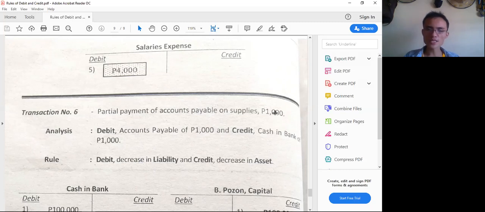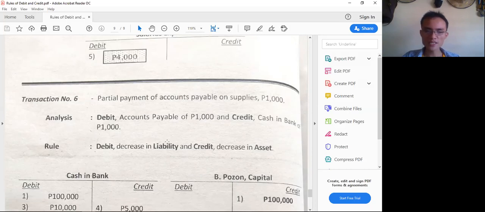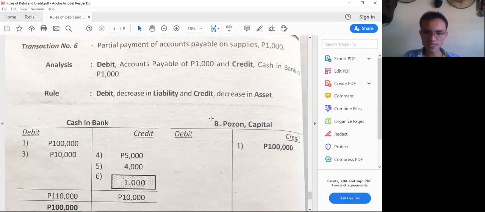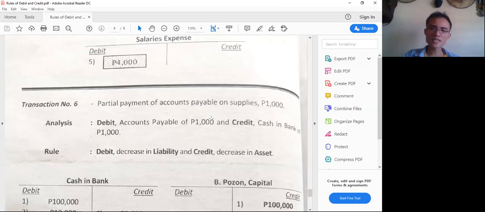So when we pay, we let go of money, and that is cash in bank. What was received? Our liability, because we have to close that, we have to recognize that so that we can pay it. That's the explanation. Debit of liability is a decrease to it, and if we credit asset, it will decrease it. All right, so that's it for the samples.